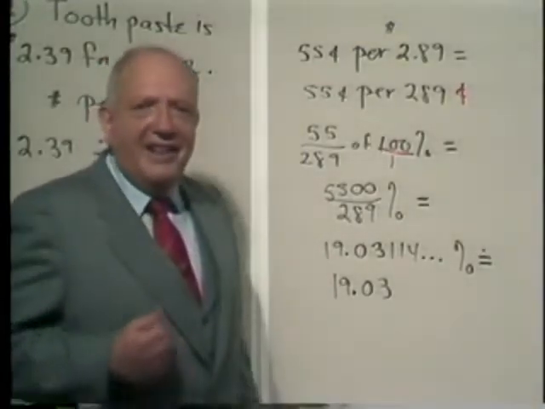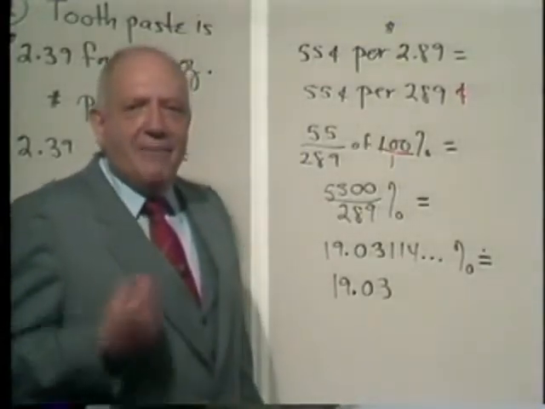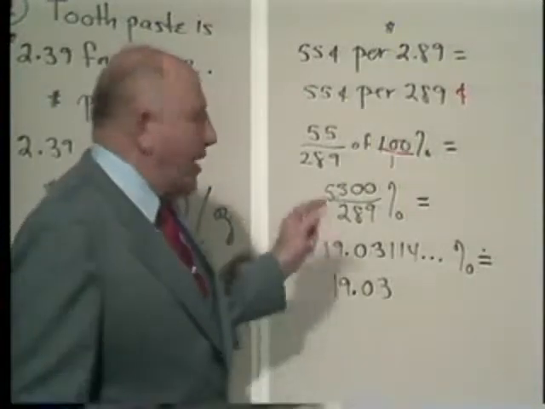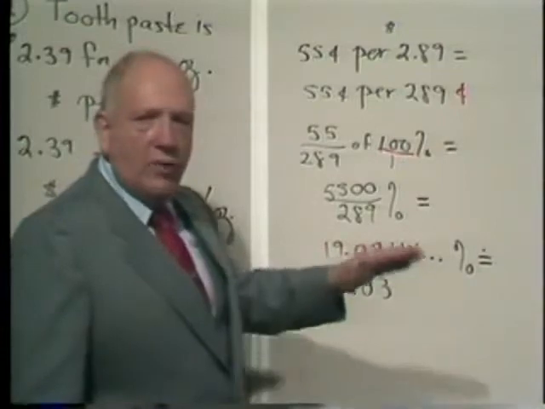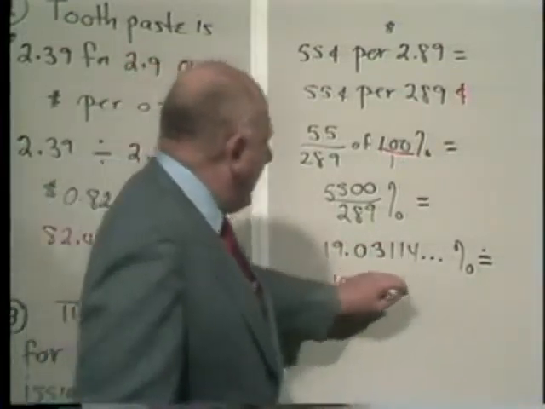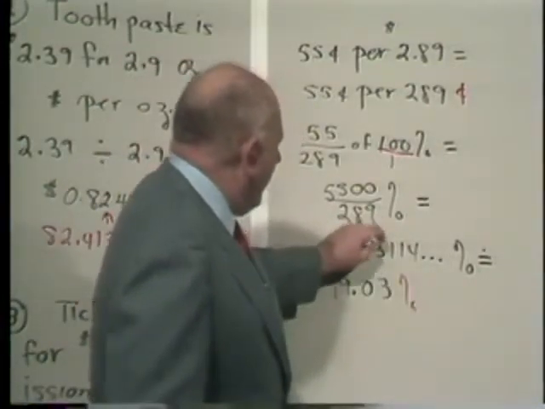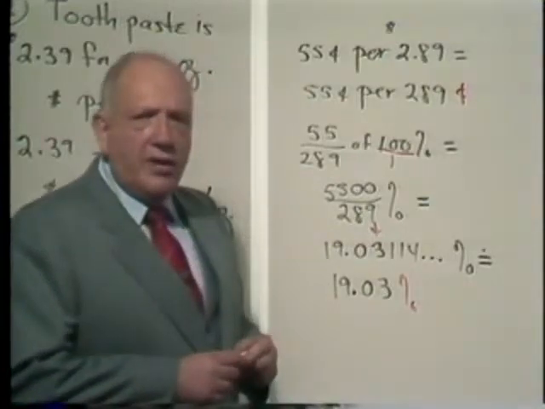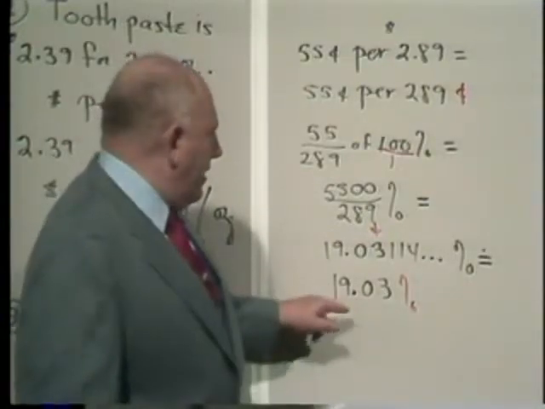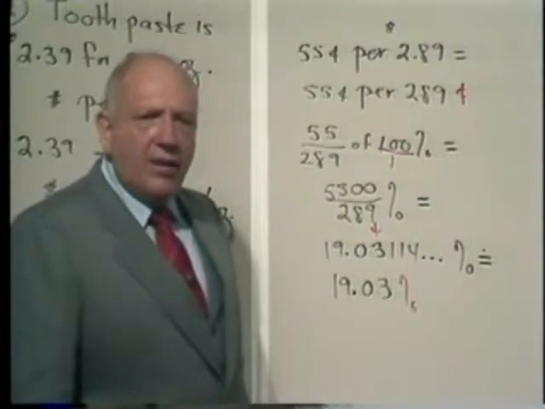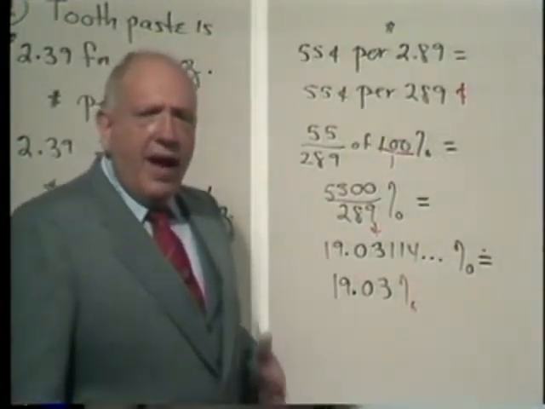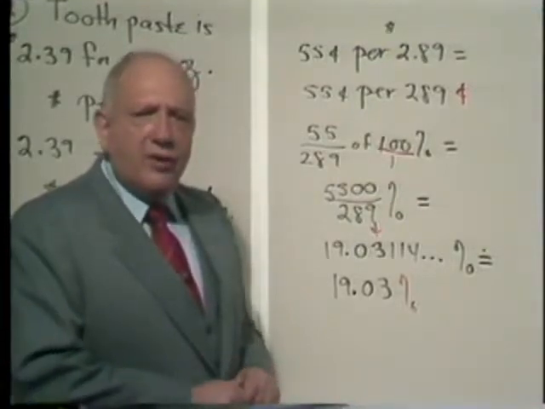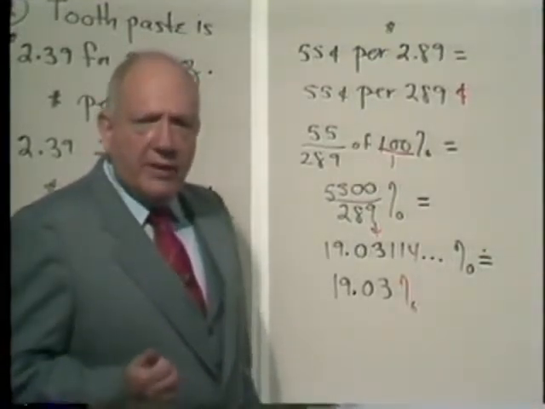I take my calculator, I enter 5,500, I press the division sign, I enter 289, hit the equal sign, and I get 19.03114, etc. Rounding that off to the nearest hundredth, I get 19.03%. Roughly speaking, I'm getting 19% of whatever the sale price is of the ticket. It's up to me to decide whether that's a good return or a bad return, but that's the percent I'm making on each ticket.